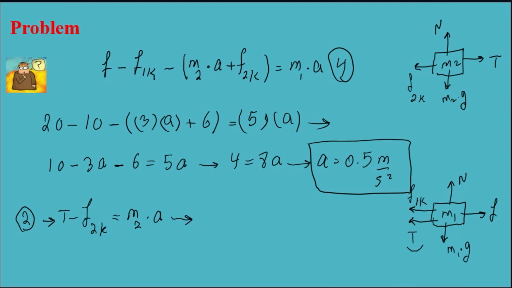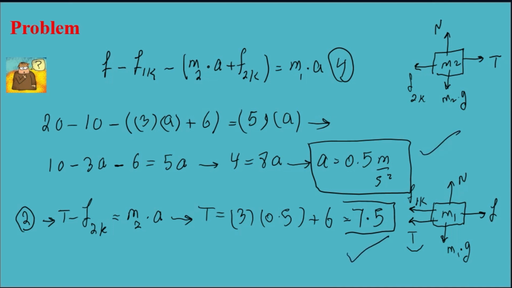So now I'm going to substitute the acceleration to find T, correct? So my M2 is going to be 3, acceleration is half, plus my F2K, that is 6, right? And that's going to be equal to 7.5, right? And these two are going to be my final answer.